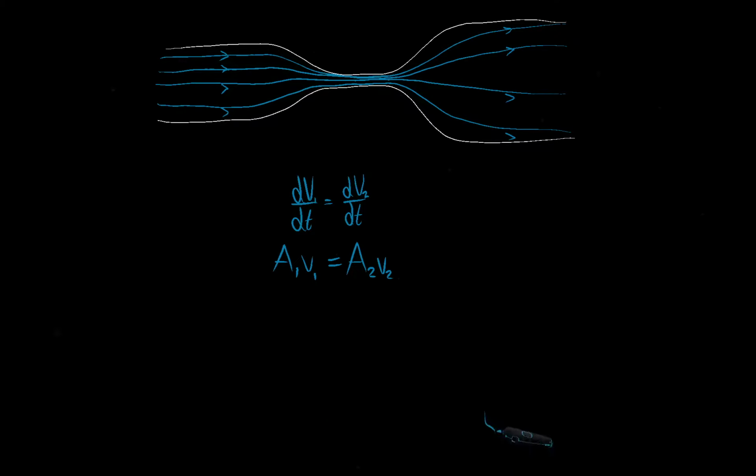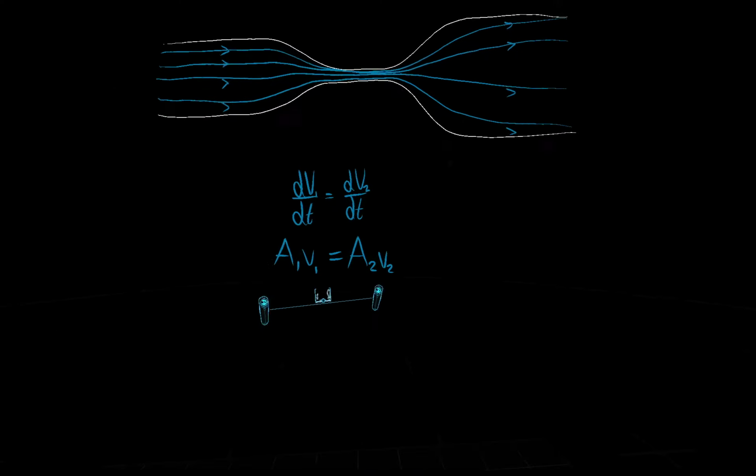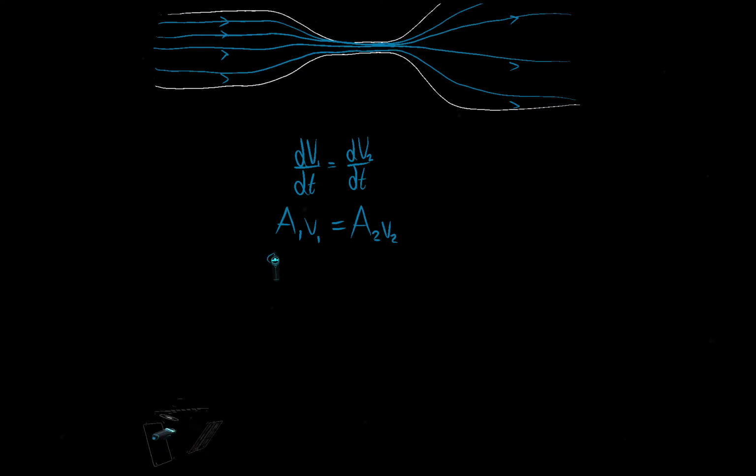And if the fluid is compressible, and therefore not an ideal fluid, then this equation just has to take density into account. So for a compressible fluid, you just add density on either side, and the density changes: rho1 A1 v1 equals rho2 A2 v2.